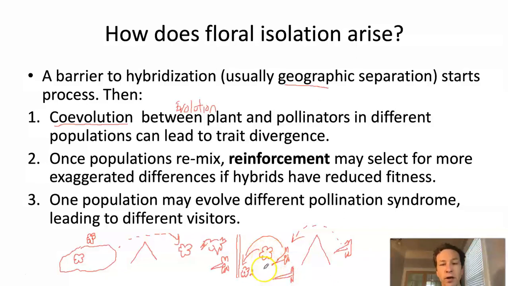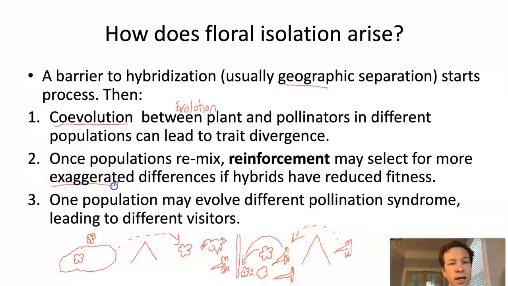And this round flower now maybe becomes even rounder and with even less of a floral tube, just to make sure that hummingbirds never visit this flower and that only hummingbirds visit this flower. So the differences that initially occurred in allopatry or in separation have now been reinforced and are exaggerated.